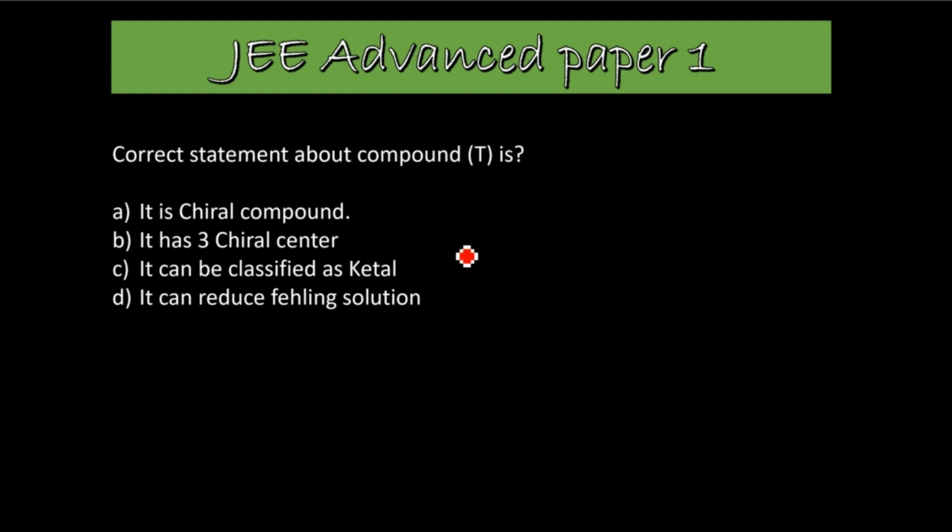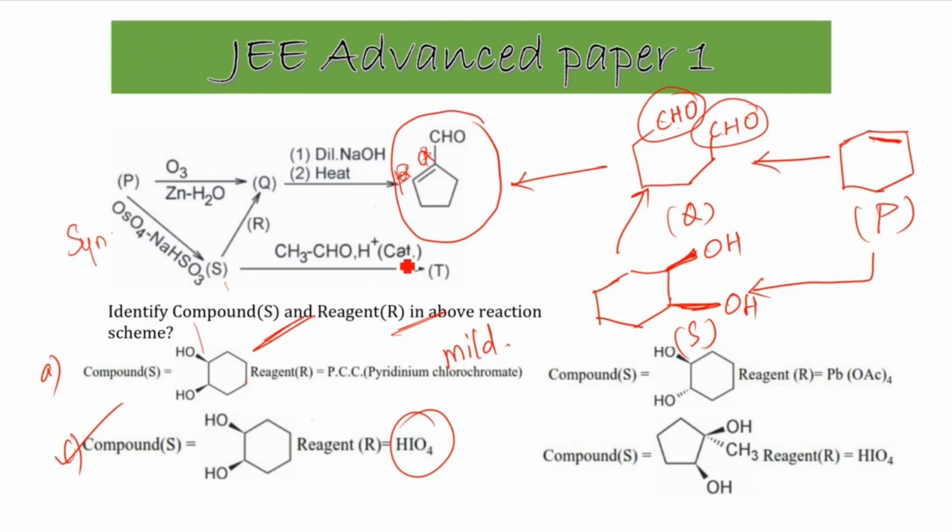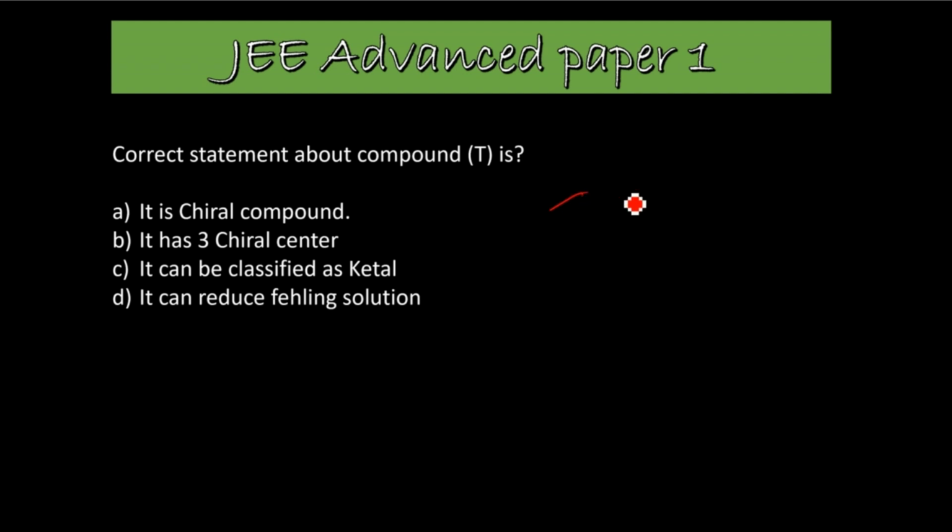Correct statement about T is, so what is T? S is reacting with another aldehyde to produce T. So reacting with CH3CHO in acidic medium to produce T. What can T be?